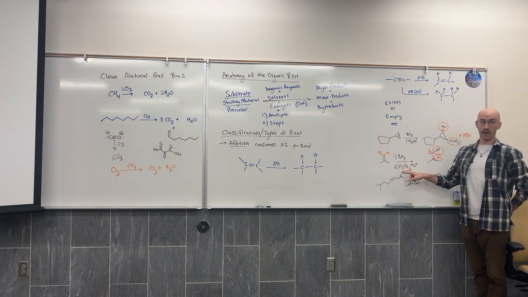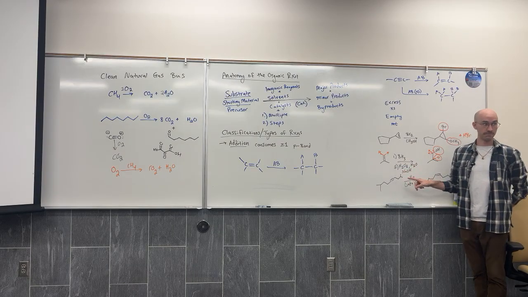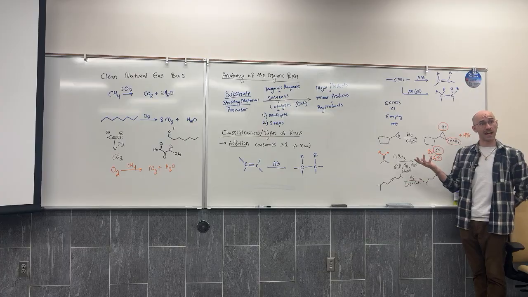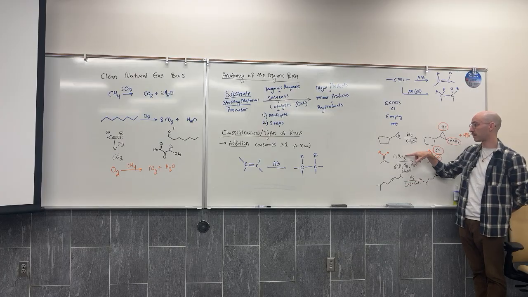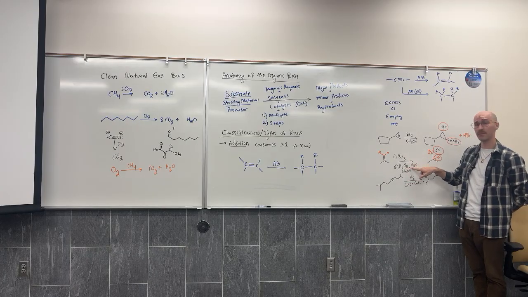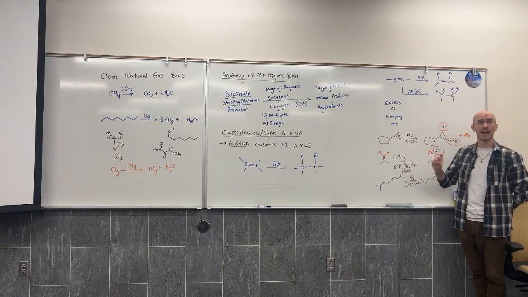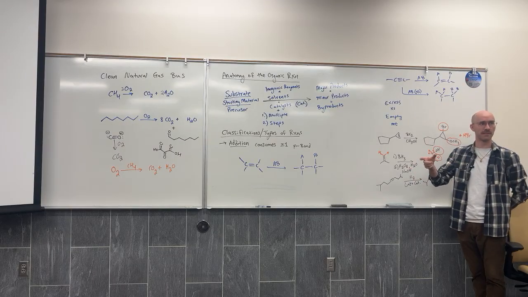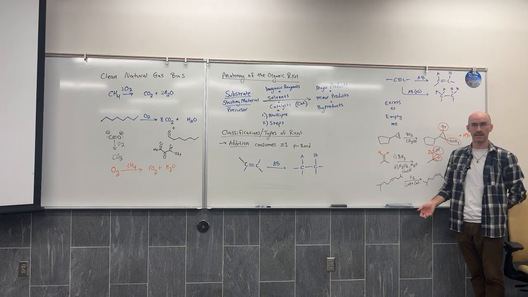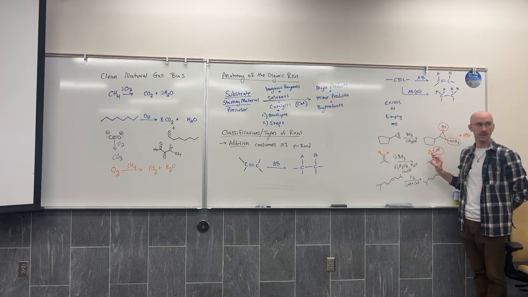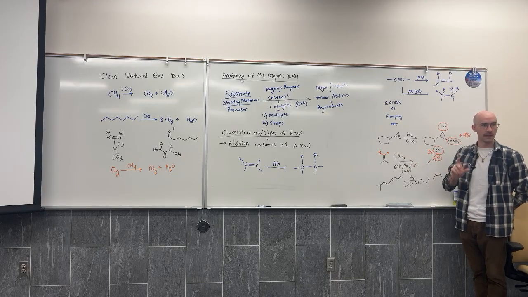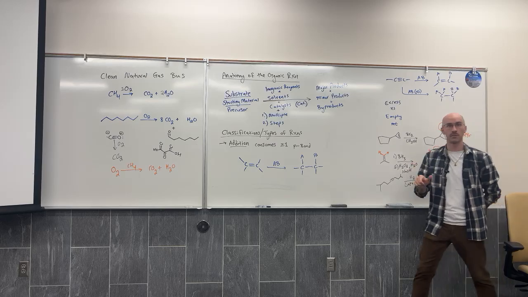Obviously, this is where the OH is coming from, somehow. But where did the hydrogen come from? Maybe the hydrogen came in the first step. Maybe it came in the second. That's where we'd have to investigate the mechanism. How exactly did bonds form and bonds break to change the alkene into an alcohol? And then we could prove where the hydrogen comes in and where the OH comes in.